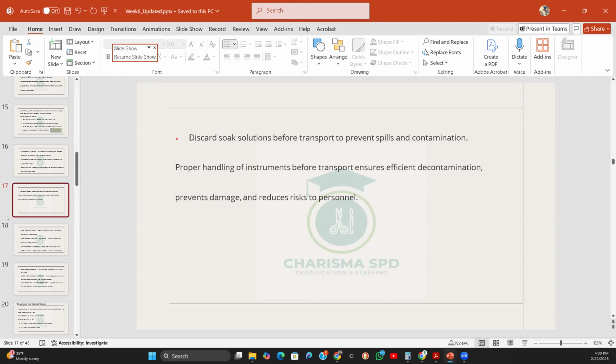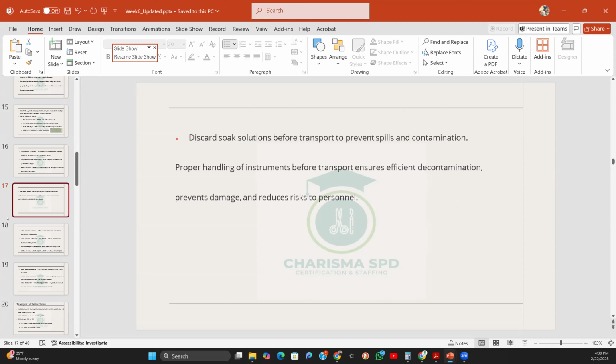If a container needs to be reused, a container that has solution in it, but the solution is supposed to be discarded or is one-time use, the solution is not supposed to go back to decontam, but the container needs to be sent back to reprocess.